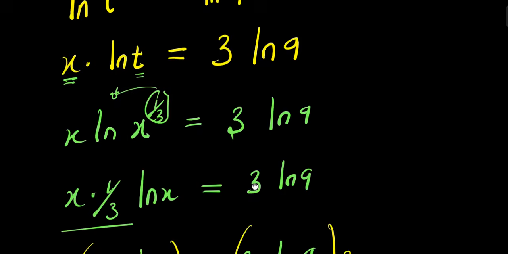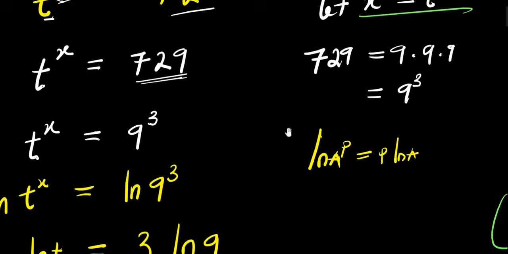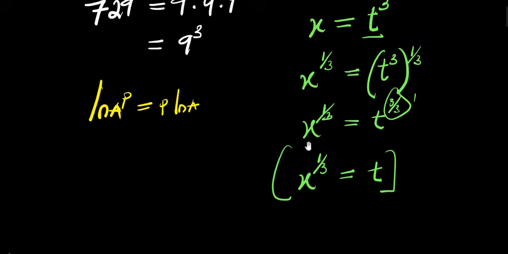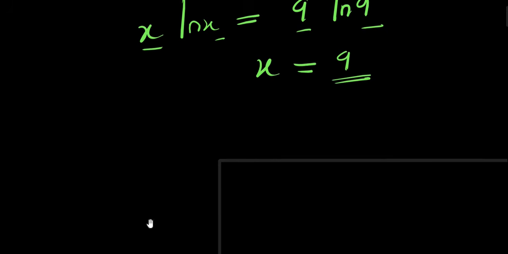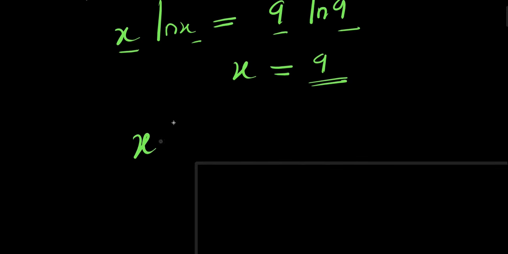And recall, from this particular equation here, we have x power 1 over 3 equals t. That means t equals x power 1 over 3.